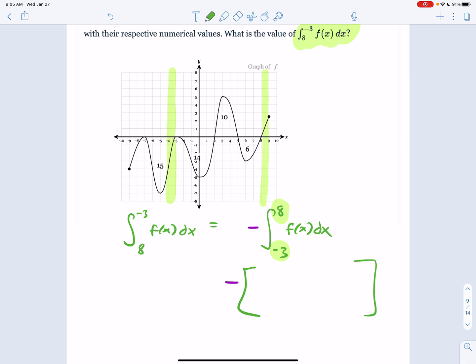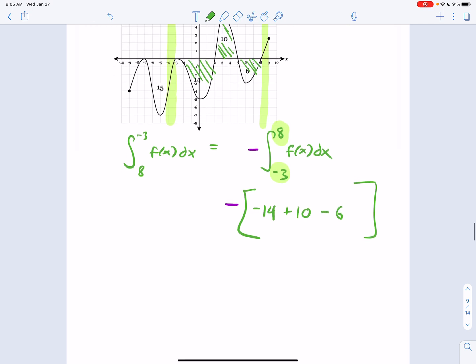So it turns out that it's going to be this, this, and this. That's going to be -14 because it's below the x-axis, +10 above, -6 below. This comes out to a negative. And what is that? -4, -10.